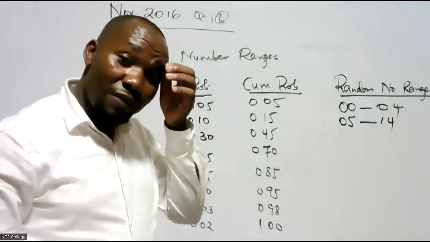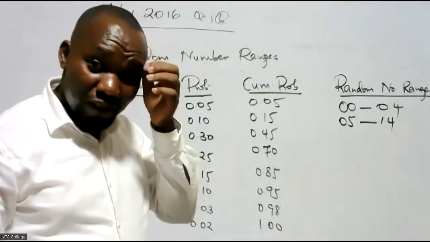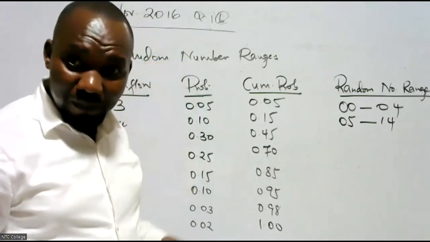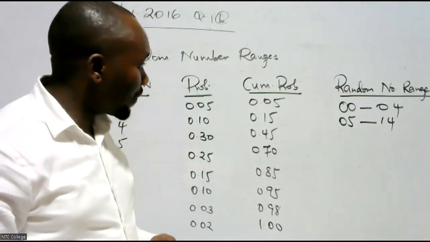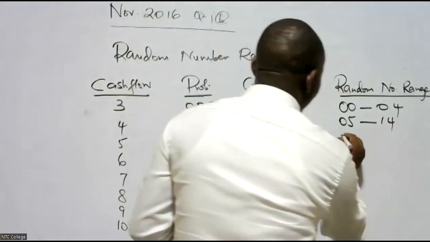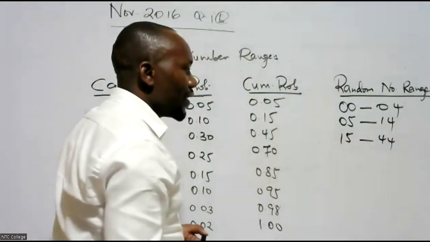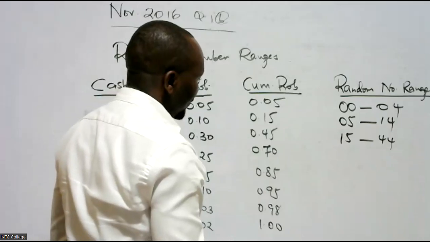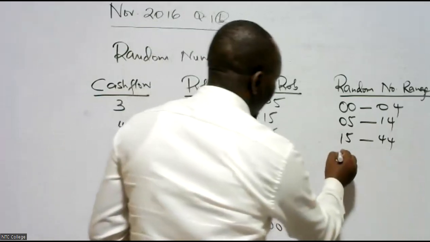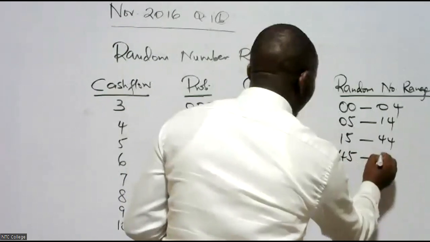We need to do a simulation after this, so we need to finish very fast. 15 to 44. Thank you. Volunteer, everyone. 45 to 69.